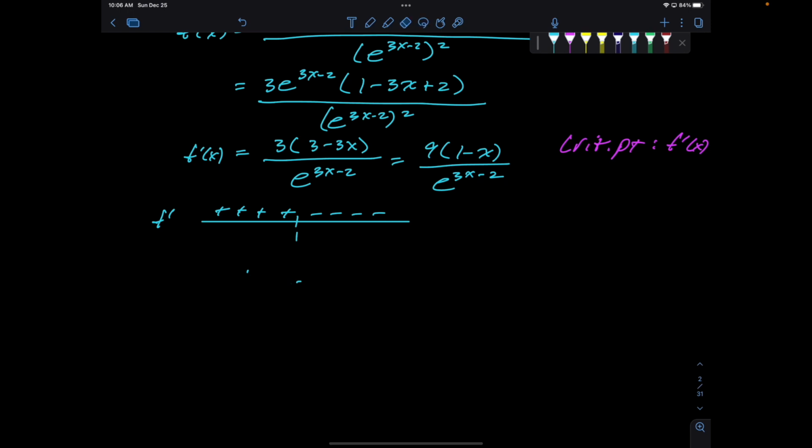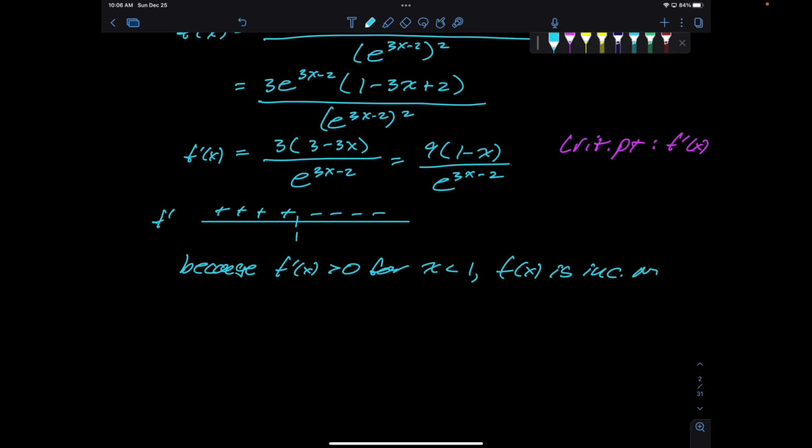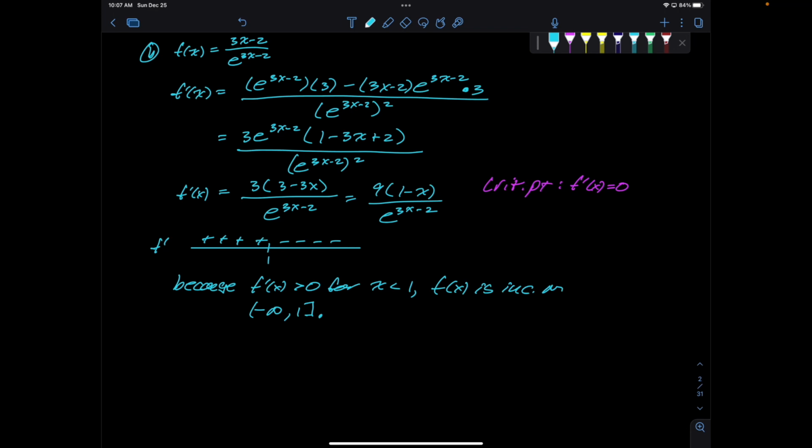So I'm going to say because f prime of x is greater than 0 for x less than 1, f of x is increasing on negative infinity to 1, and I'm going to count 1. There we go. So that's my answer. So negative infinity to 1.